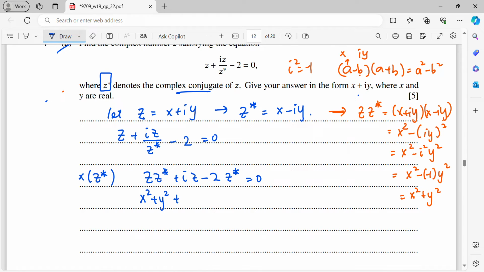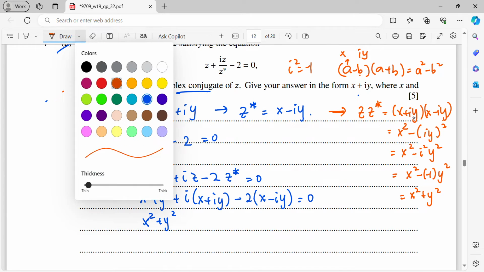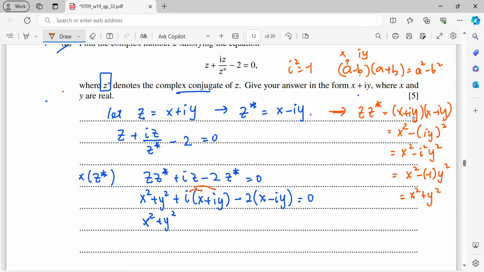Okay, then plus i of x plus iy, then minus 2 of x minus iy equals to 0. Now, when I do expansion, x squared plus y squared, then the i you move in, the 2 you also move in, the minus 2 you move in. So then you will be getting plus ix plus i squared y minus 2x plus 2iy equals to 0.